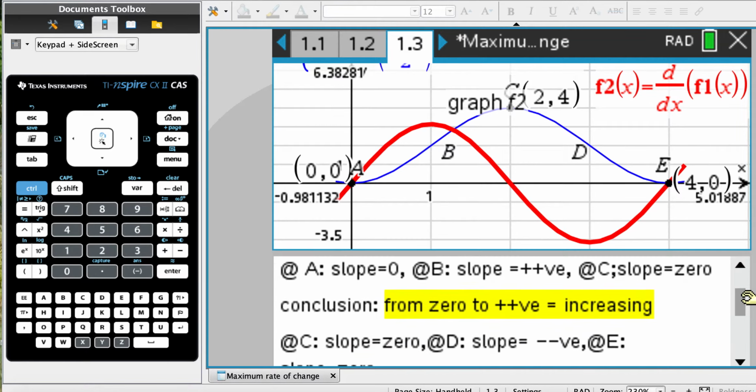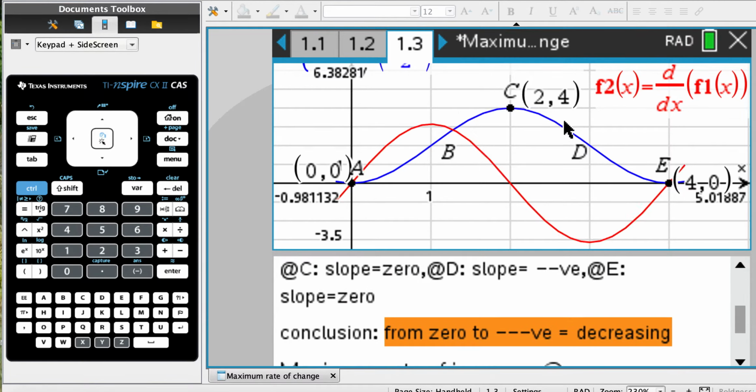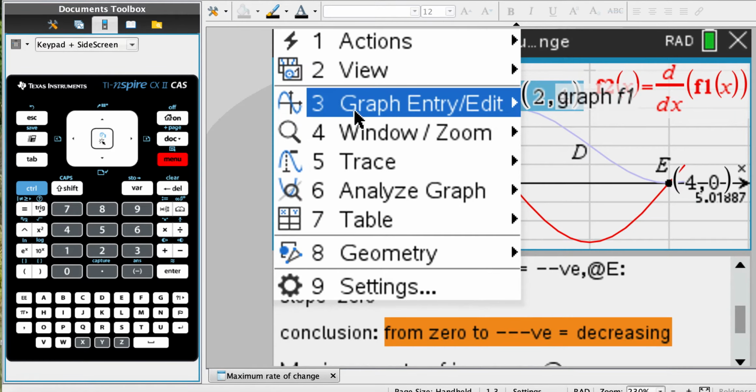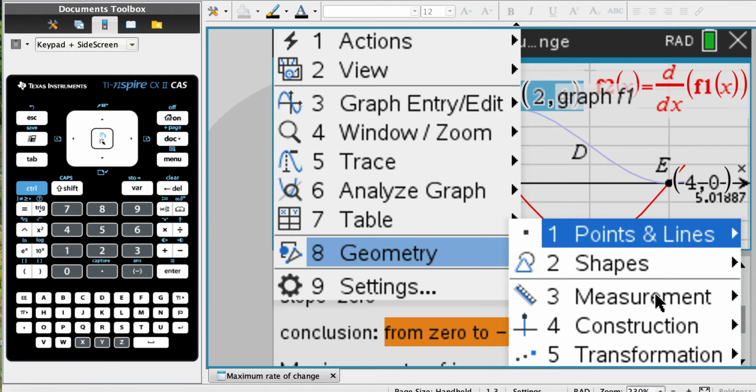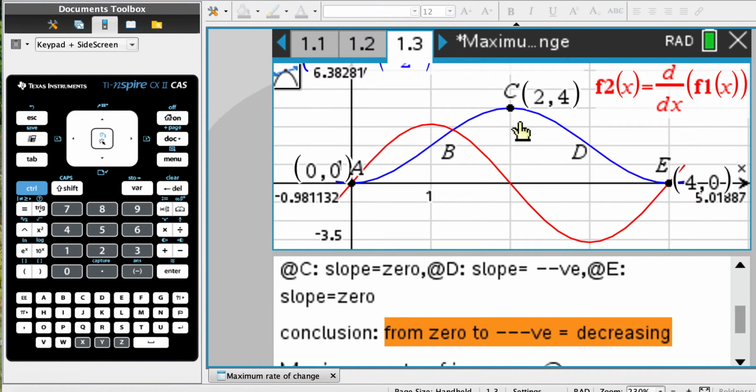Now we're going to have a look at the maximum rate of decrease. So let's investigate. Let's go back to the blue curve again. At point C, the slope is 0, correct? Now I'm going to pull out my tangent line again. At point C, the slope is almost 0.